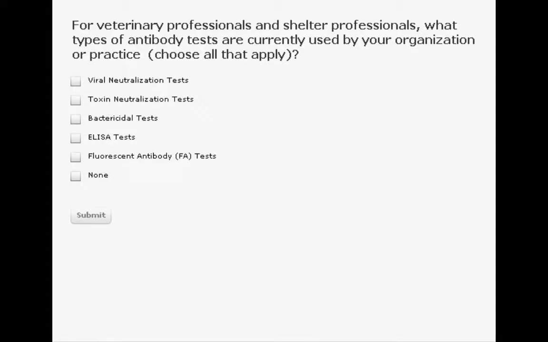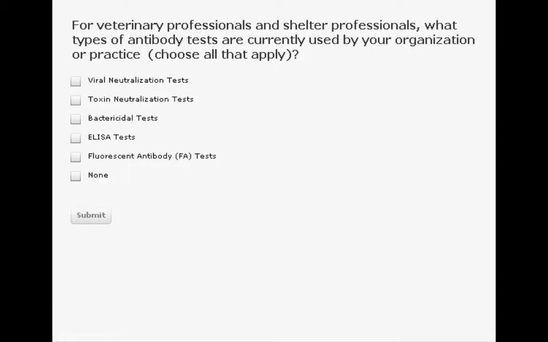Okay, so here we have another poll question. Again, it's for veterinary professionals and shelter professionals. What types of antibody tests are currently used by your organization or practice? You can choose all that apply.